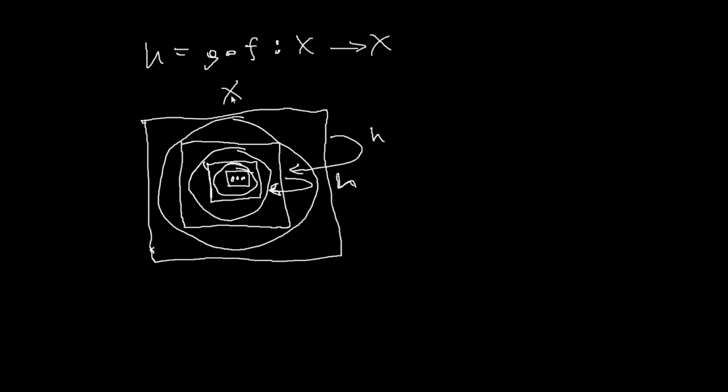And the way it does it is now we have parts of X that are in the outer square, but not in the first circle. And then there's parts in the first circle, but not in the first inner square, and so on. And so we can color those regions appropriately.